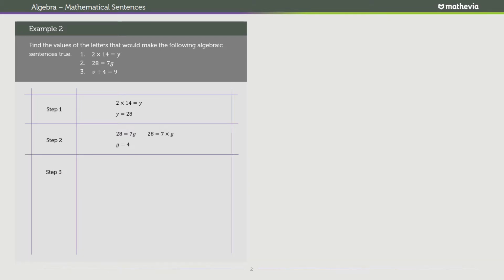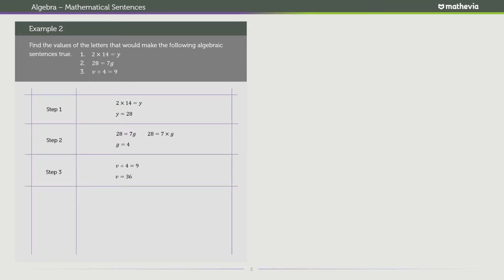Now, another one, we have v divided by 4 equals 9. Basically this question is simply asking you that something divided by 4 is 9. What is that thing? A certain number divided by 4 will give you 9. I tell you that the number that you divide by 4 to give you 9 is 36. So in this case, v is 36.